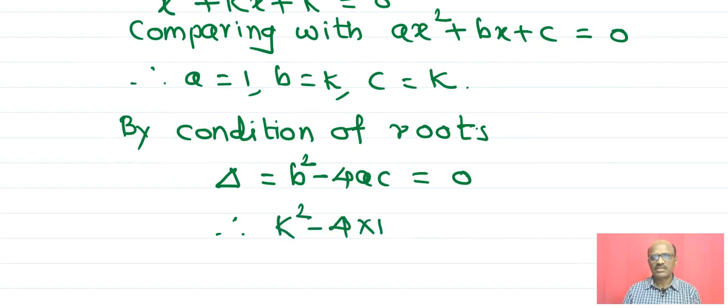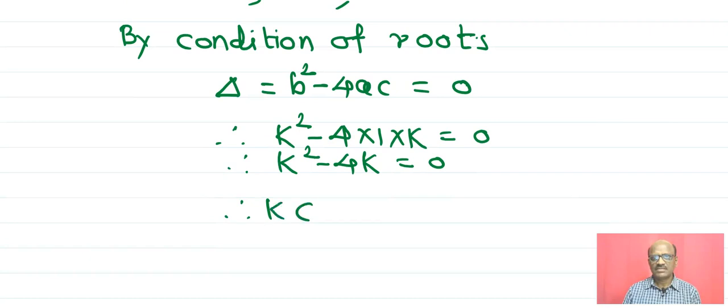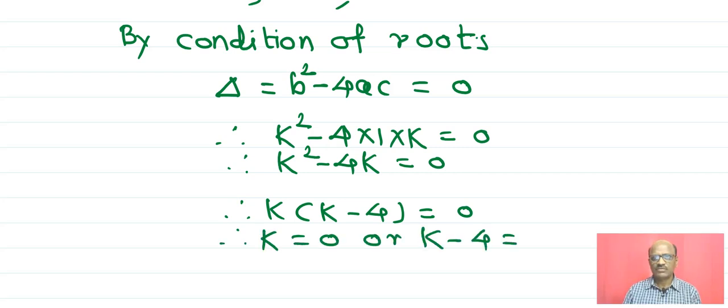It is k square minus 4 into 1 into k equals to 0. Taking k common, k in bracket k minus 4 equals to 0. Therefore, k is equals to 0 or k is equals to 4.